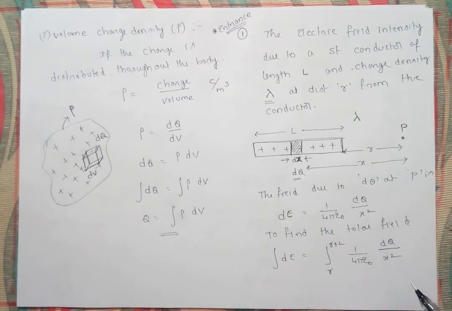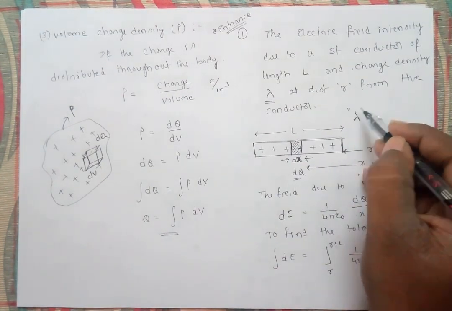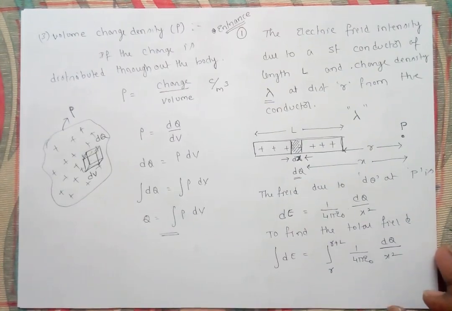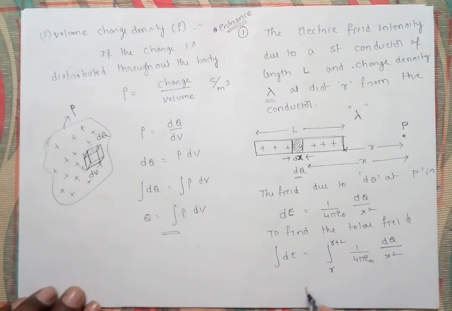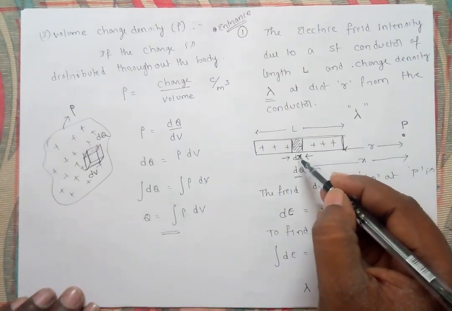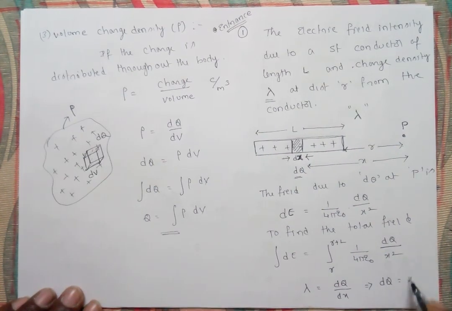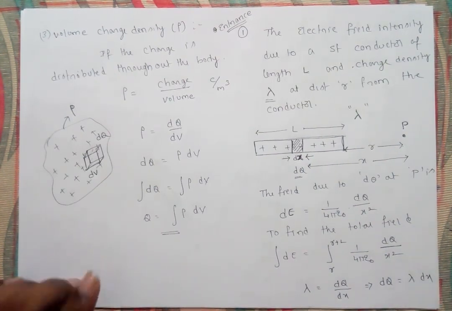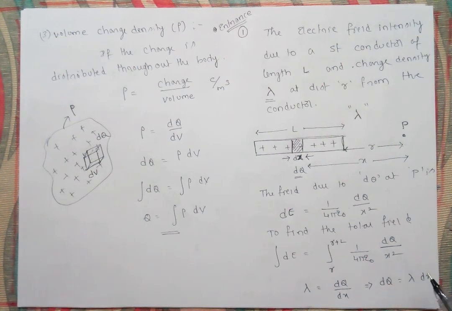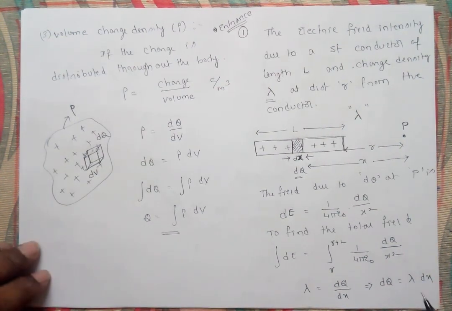Here dq is given by the linear charge density. Linear charge density is charge per unit length, so lambda equals dq by dx. Then dq equals lambda dx.